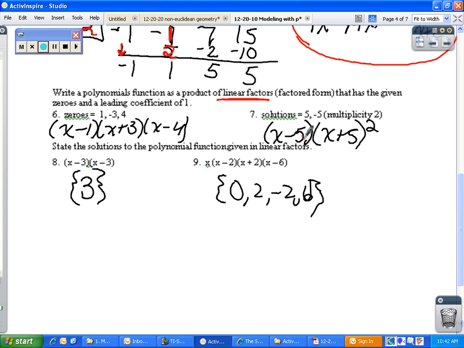X minus 5, and then x plus 5 twice, which means I can just write x plus 5 squared. Number 8, there are 2 solutions, but I only have to write it once. All I have to do is write the 3 one time. I don't have to write 3, 3. And then number 9, I have the solution of x is 0, x minus 2 is 2, x plus 2 is negative 2, and x minus 6 is positive 6.